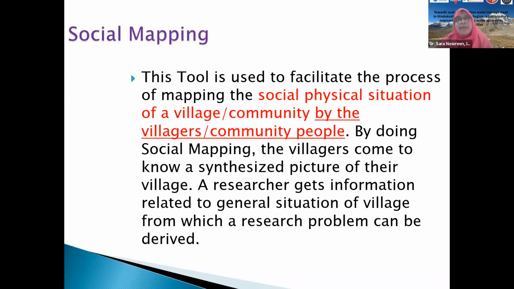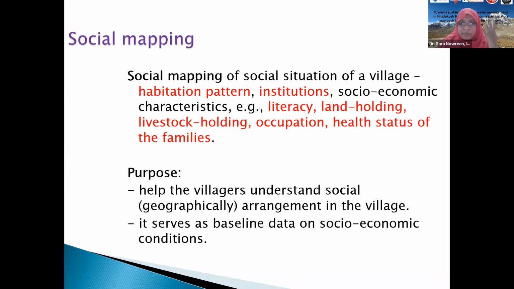And what is social mapping? The difference between resource mapping and social mapping is that, while it is also a mapping, it is more focused on the status of the houses, for example where the rich people live, what livelihoods they have, what kind of settlements or livestock they have, what the health status of the families is, and where water logging is a really serious issue and where not.